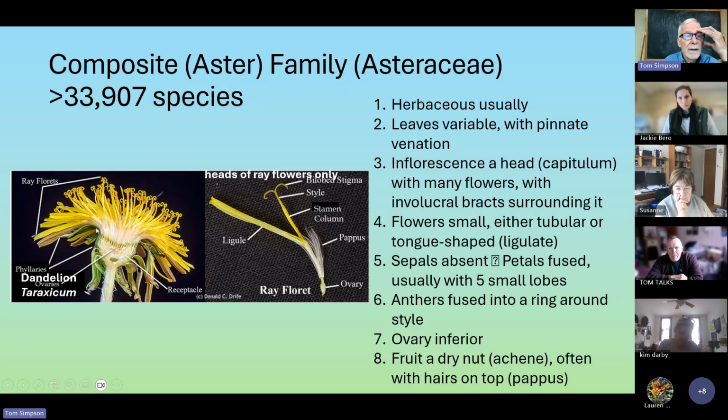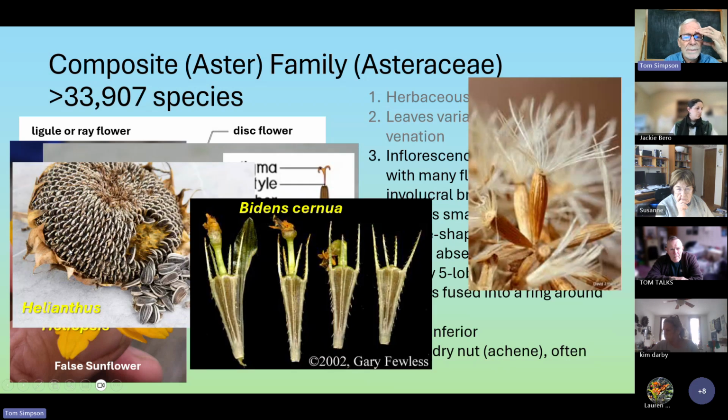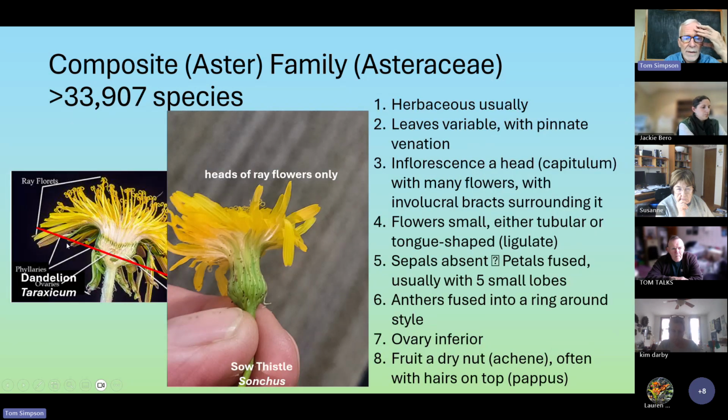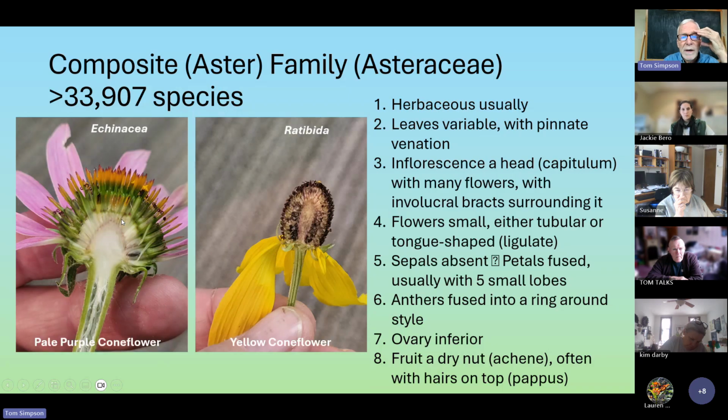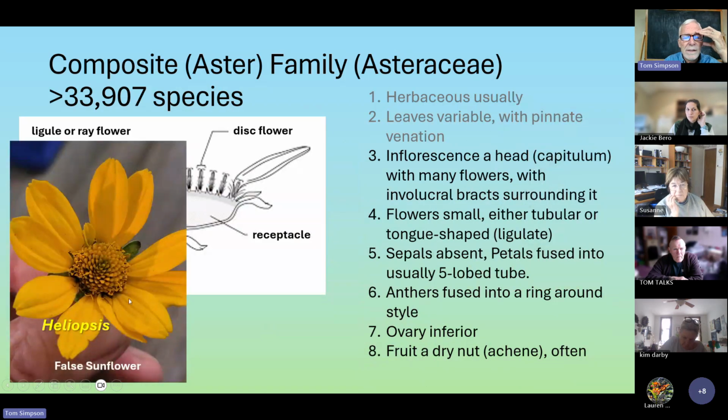So we have heads of only ray flowers, these asymmetrical ray flowers here, as opposed to heads that have both ray and disc flowers. Again, we have a whole group of composites that have these ray-flower-only heads. Now, in these, where all the flowers are alike, the flowers are both male and female. On plants like the Heliopsis, the ray flowers are only female.